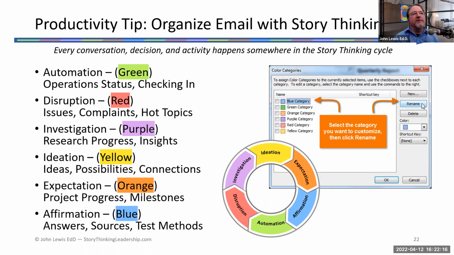Is it basically operational status, or red, an issue, complaint, maybe a hot topic or an opportunity? Maybe it's purple, you're looking into it, research progress, or yellow, it's an idea, possibility, or connection. Maybe flag it as orange. It's progress or milestone, or blue. It's an answer, source, or test method. To think about applying this to your work starting today.